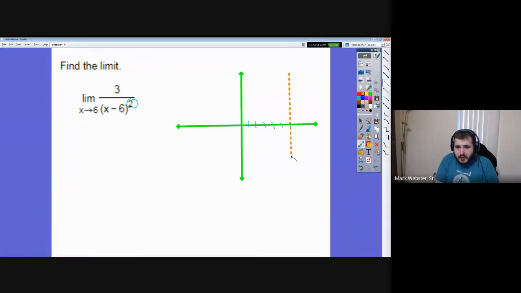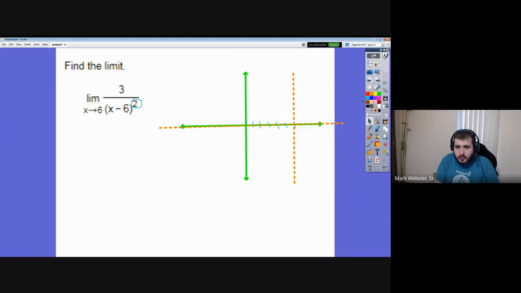So here's your vertical asymptote at 6. Here's your 0 horizontal asymptote. And what you're going to get is something like this. That looks terrible. Let me try that again. Slightly better. You're going to get something that looks like this.